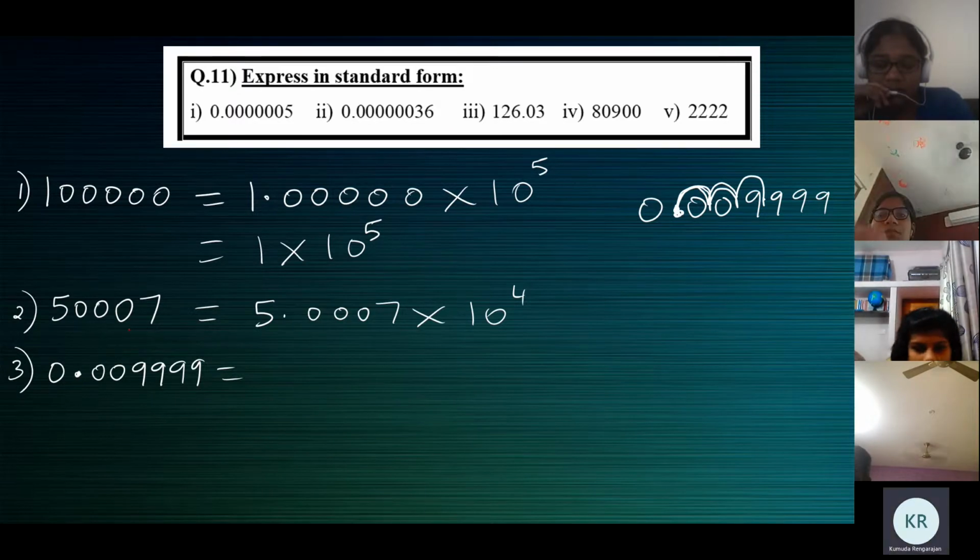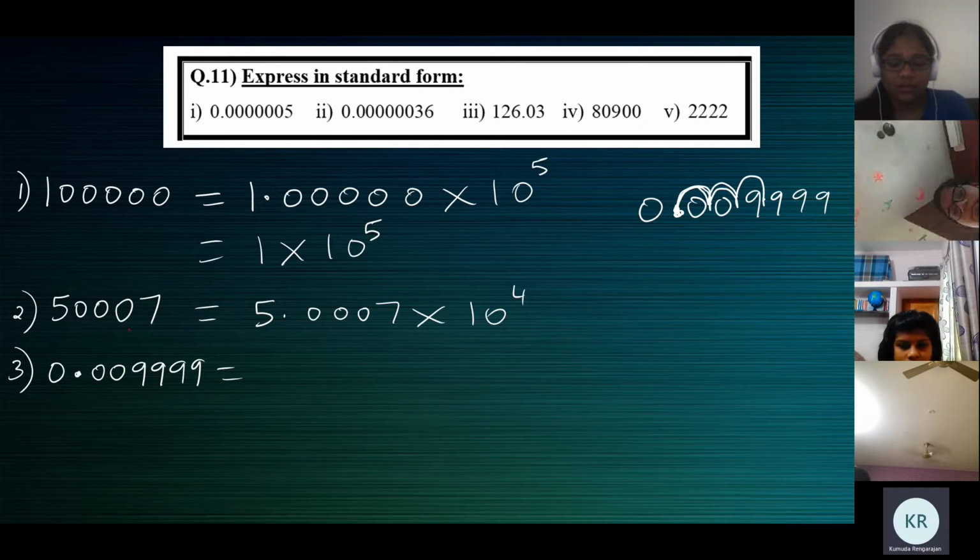Nandana, you should think and answer correctly. You must move the decimal point till you get a number more than 1 and less than 10. Every time you move the decimal point, check the value of the number.